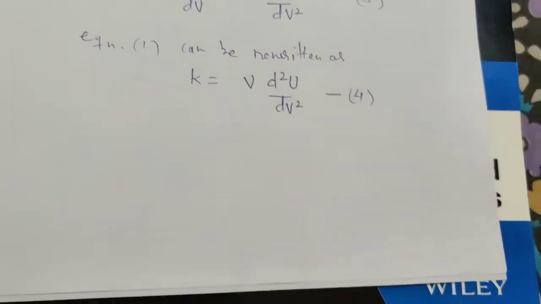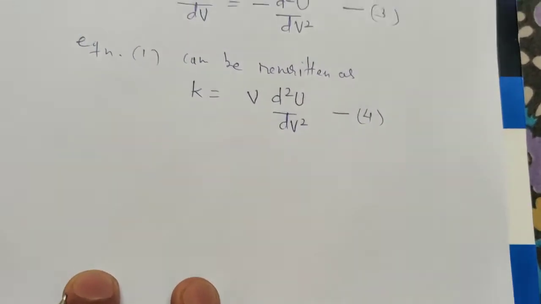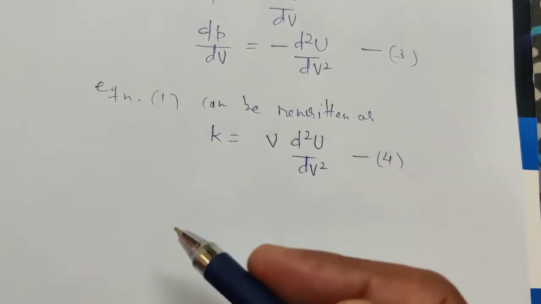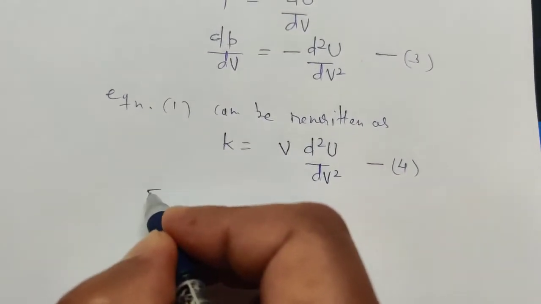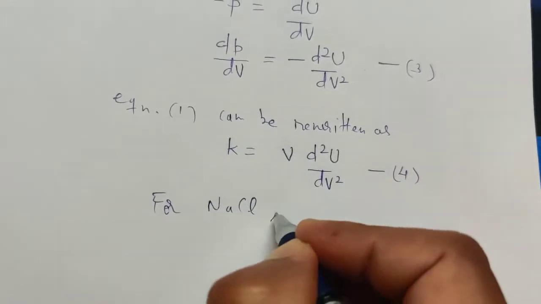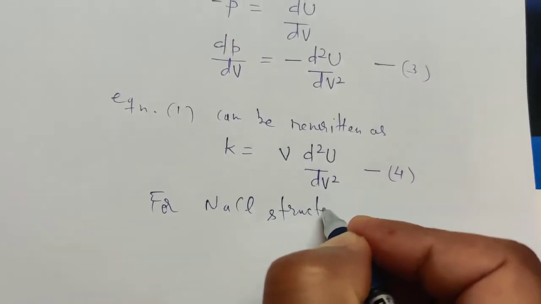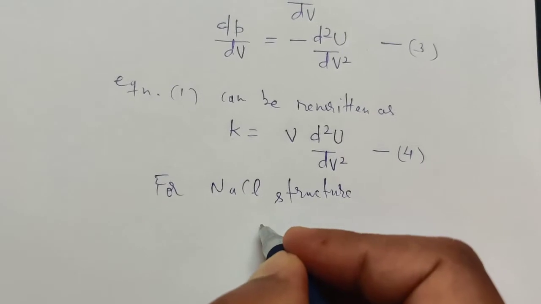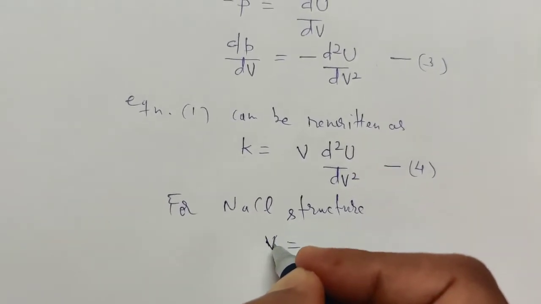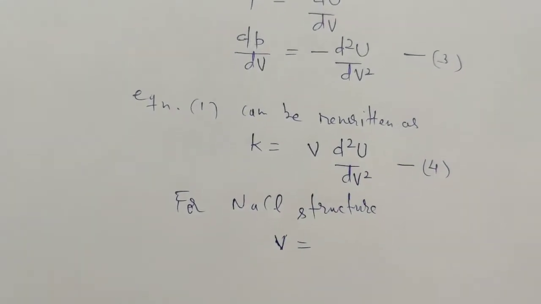Now if you take sodium chloride, for the sodium chloride structure, because this is an ionic solid with FCC structure, the volume of a cube is equal to the cube of its side.